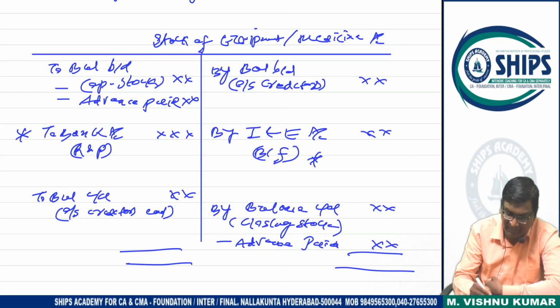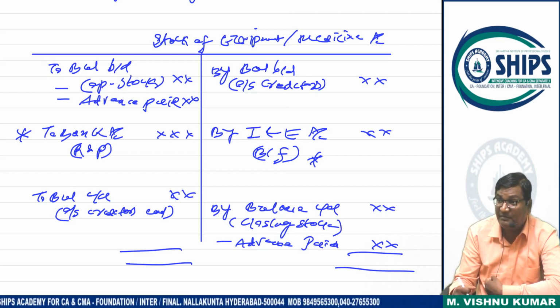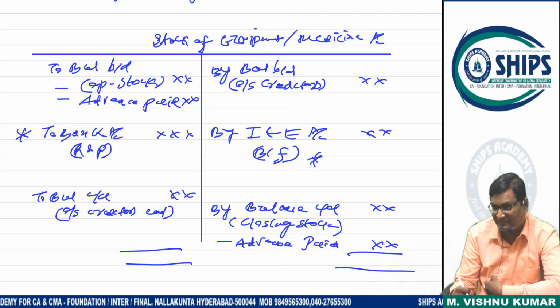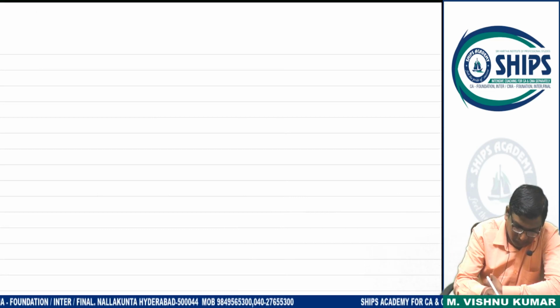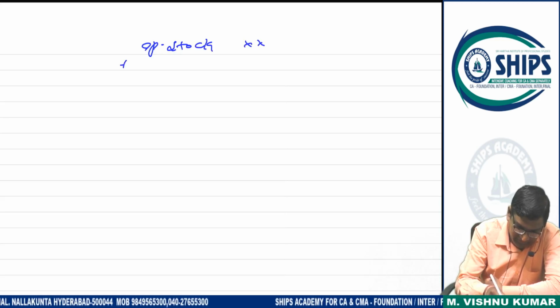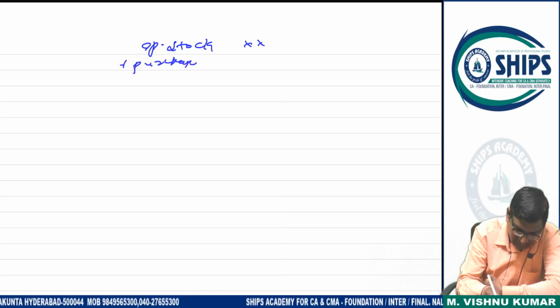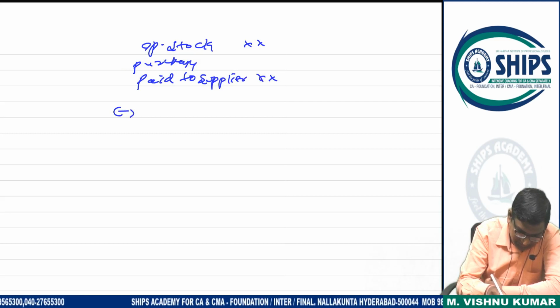Now the same thing if you want to do in plus minus way, in plus minus style. So what will it be? Very simple. First we have to write opening stock. In this, purchases will be plus, or amount paid to supplier will be plus, closing stock will be minus.